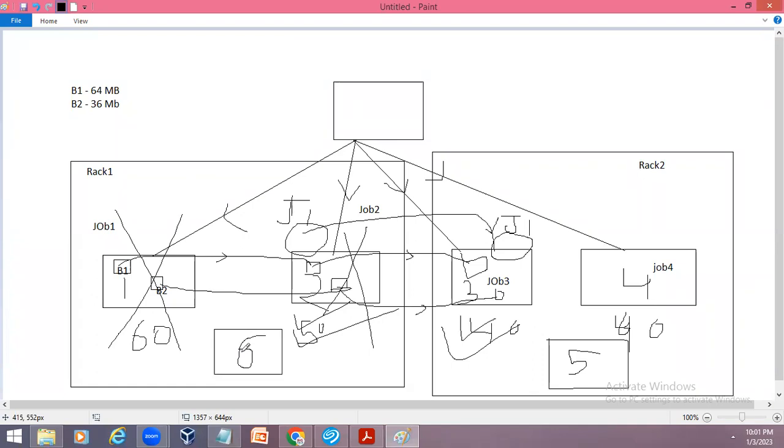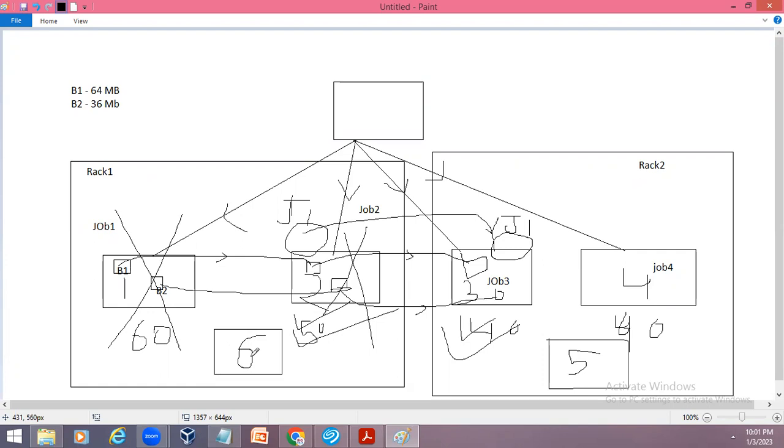But I should not do that. At least one copy of my data should be in another rack. I should not keep my replicas in a single rack.